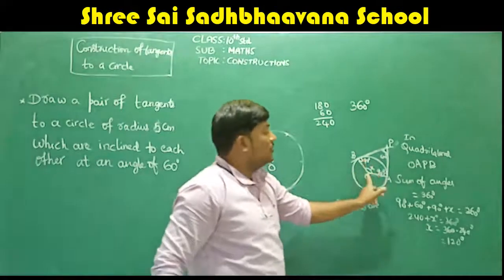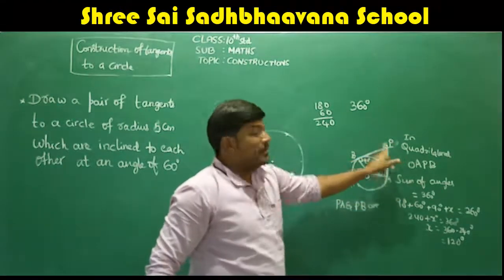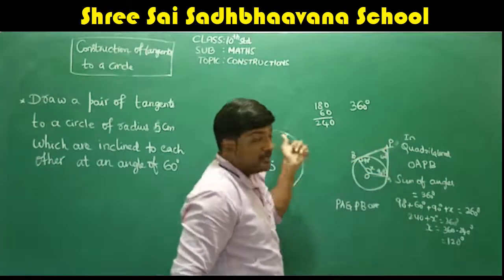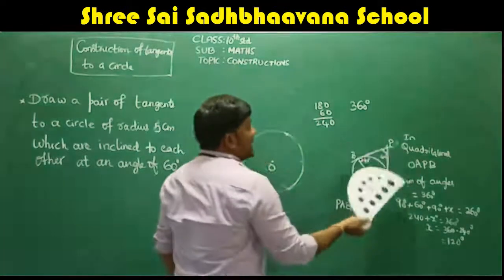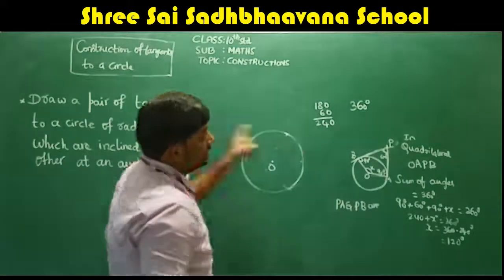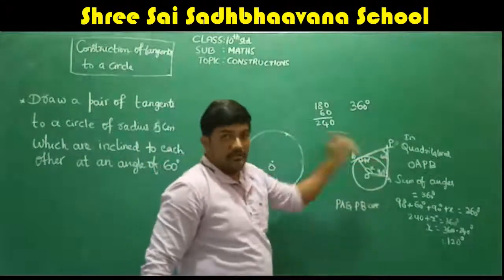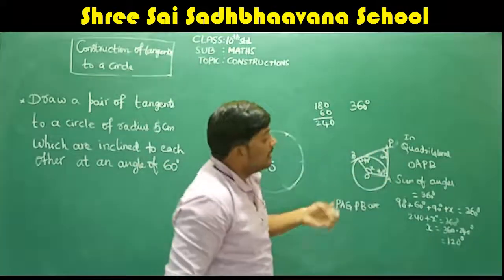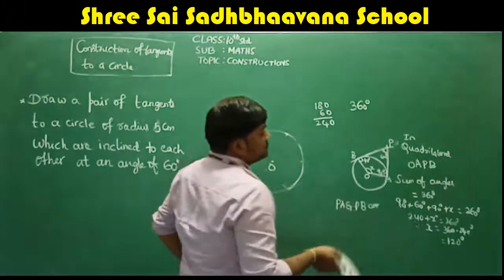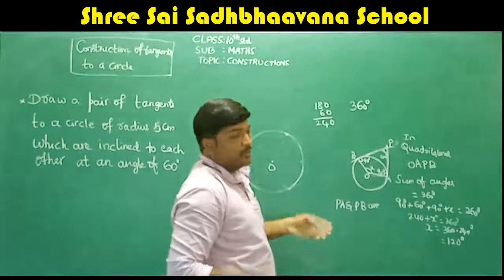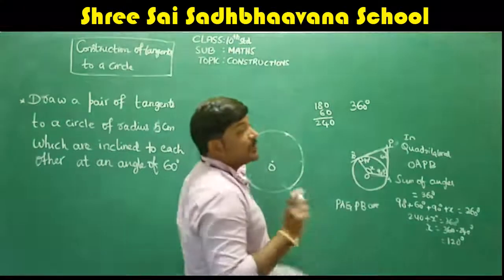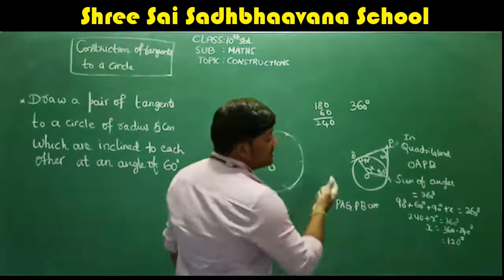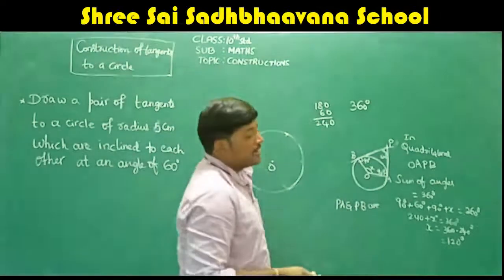This is 90. Obviously OA is radius and AP is tangent, and this is also 90. They have given the angle between the two tangents, PA and PB, as 60 degrees. So 90 plus 90 plus 60. And we know that in the quadrilateral OAPB, the sum of the angles of a quadrilateral is 360 degrees. So I'm just using the angle sum property of a quadrilateral.